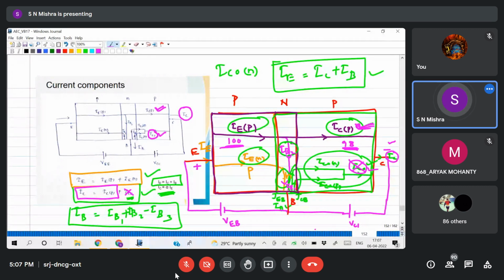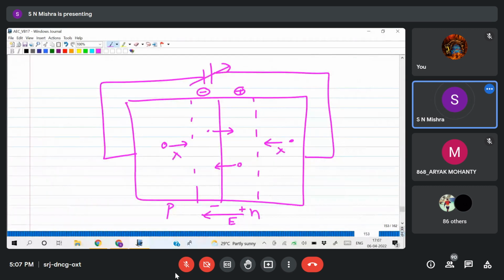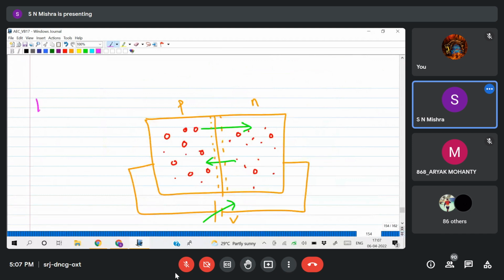And I can write IC equals to some fraction of IE. So that fraction is less than 1. When I am sending 100 holes from the emitter, I am getting 98 holes.